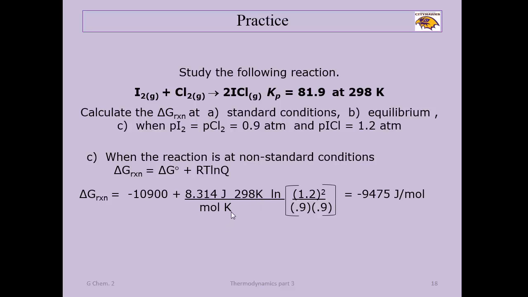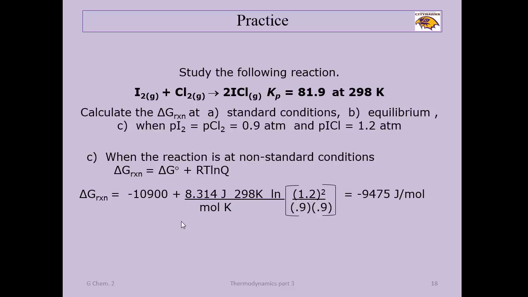The K's cancel, and then Q is found by taking the products, in this case the iodine-chlorine molecule, which is raised to the second power because of this coefficient, and divided by the 2 reactants, which are both at the same partial pressure. So you plug and chug and you end up at negative 9,475 joules per mole.